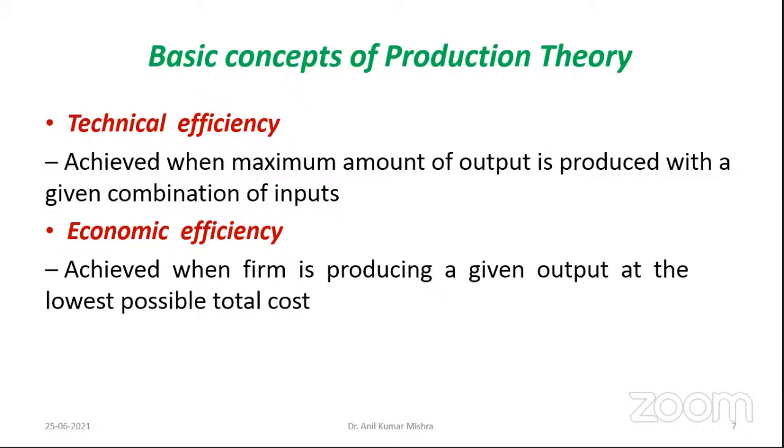Economic efficiency is achieved when a firm is producing a given level of output at the lowest possible total cost. That means, if you take into account the economic sense, and in the case of the technical sense, those things which are available, we have to optimally use to produce more.